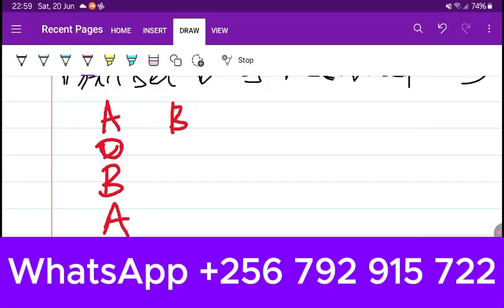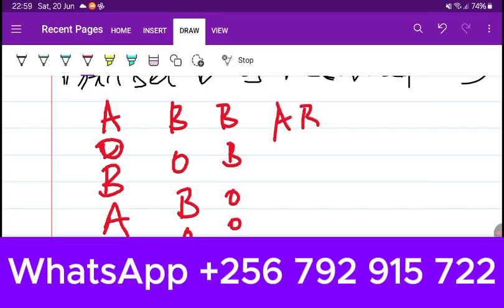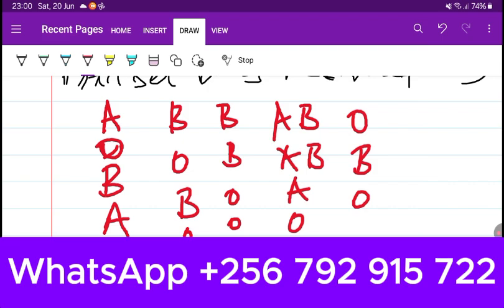Then this one is B, O, B, O, then A. Then the other one is B, B, O, O, O. Then the other one is AB, AB, then A, O, B. Then the last one is O, B, O, A, B, then lastly A.